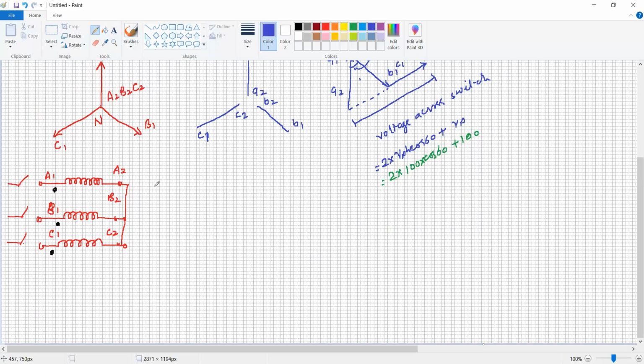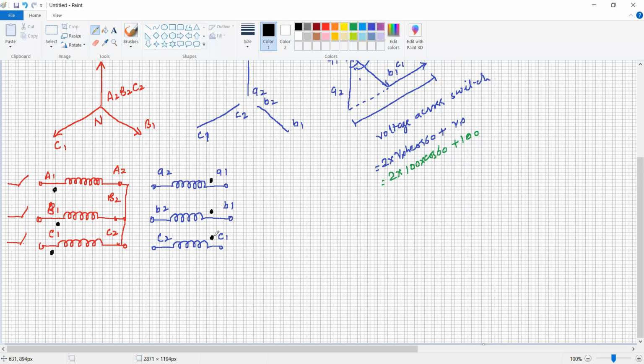So the secondary winding has terminals A2, B2, C2, A1, B1, C1, and the dot notations are similar to the previous one. Okay, so these are the notations.